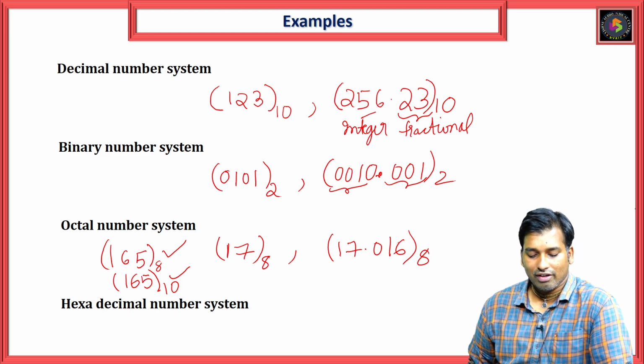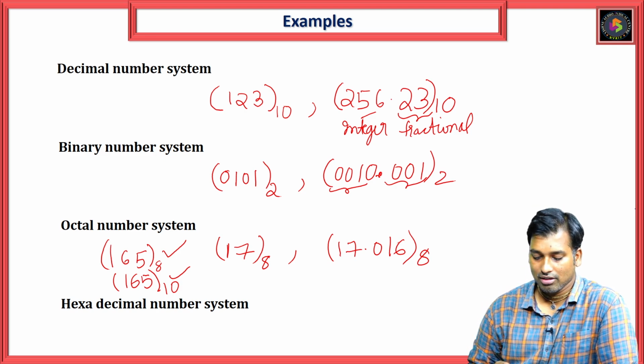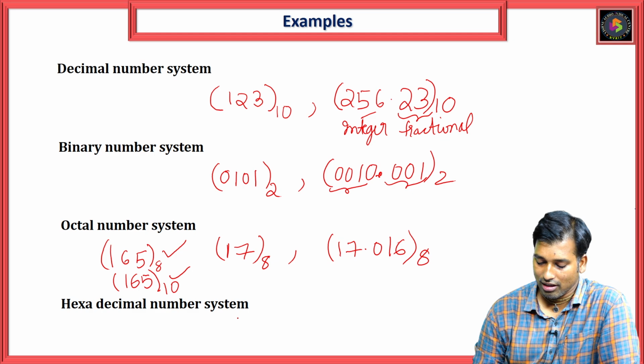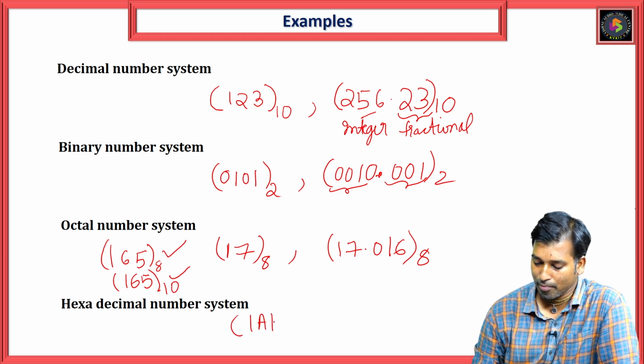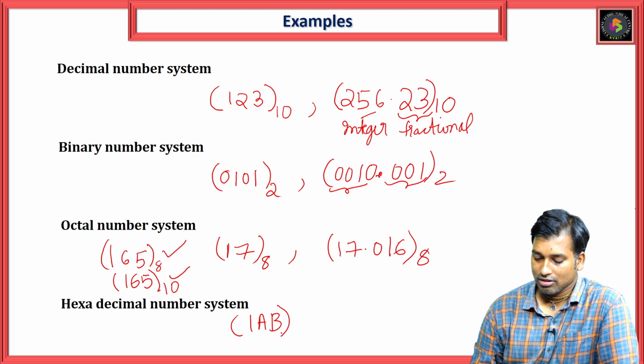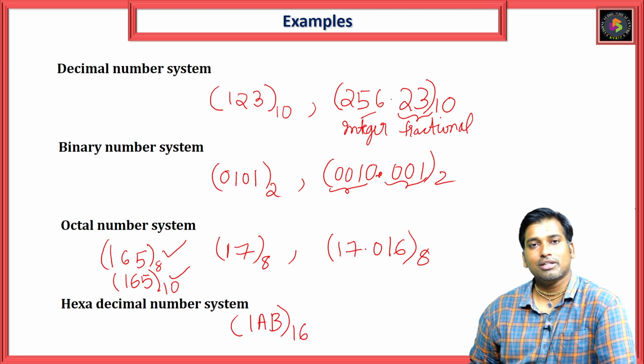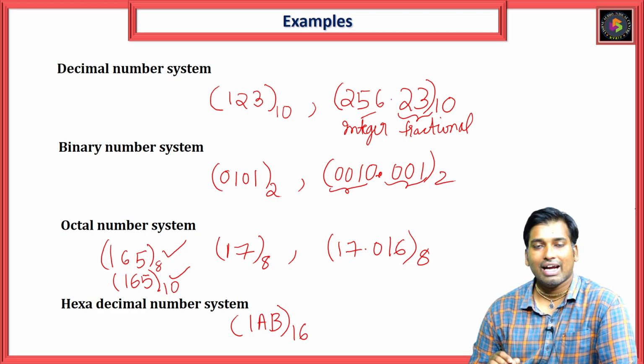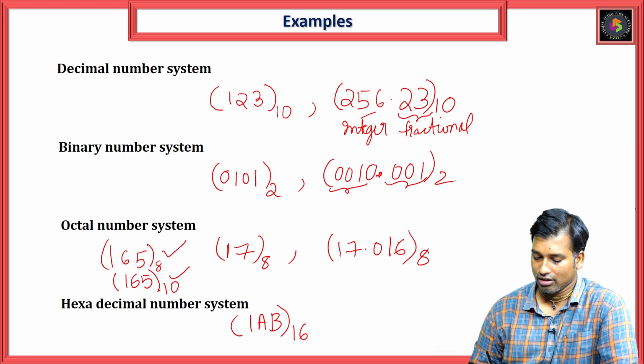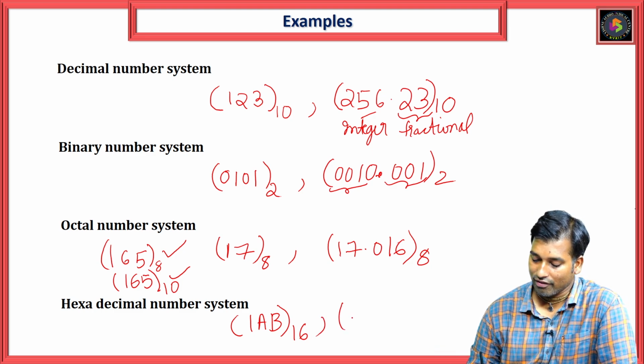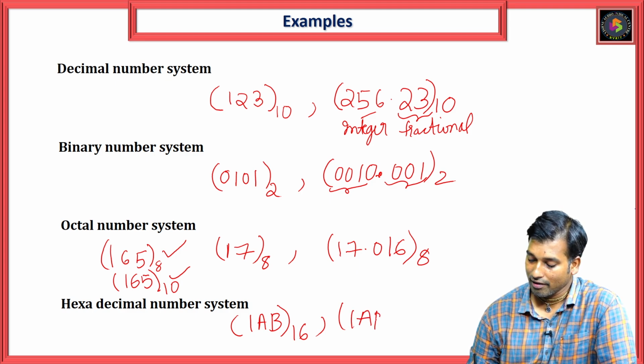Finally, when we come to the hexadecimal system, similarly, a number can be, let us think, 1A.B. So this is a hexadecimal number. As I said, A signifies 10, B 11, up to F, which is 15. So we can also have an integer part as well as a fractional part.